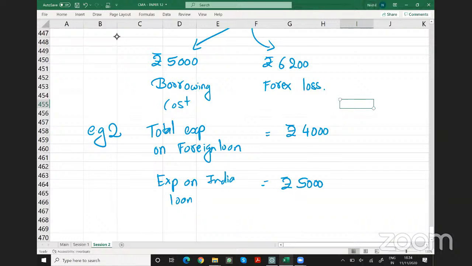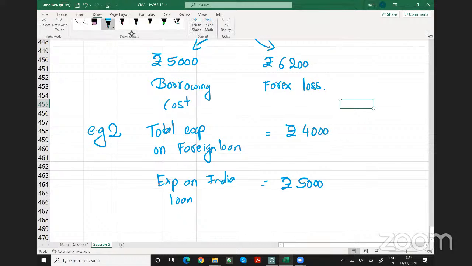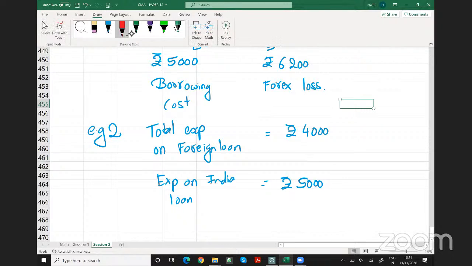If I would have taken the loan from India, it would have been 5,000. So what should we do in this case? Your total expenditure is 4,000 only. 5,000 is your opportunity cost. If you would have taken a loan in India, what would have been your cost?